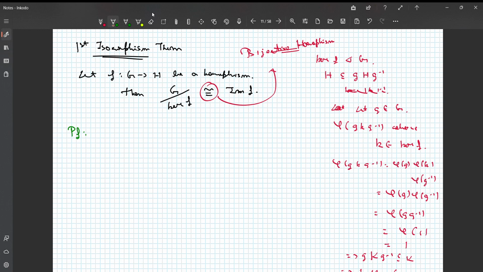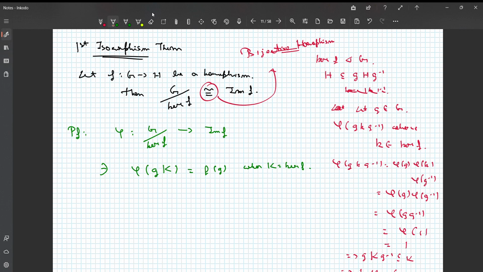So let us set a mapping phi from G mod kernel of F to image space of F such that phi of GK is mapped to F of G, where K denotes the group kernel of F. Okay, and this is a well-defined mapping, right?